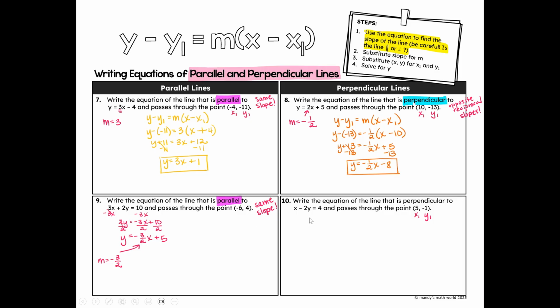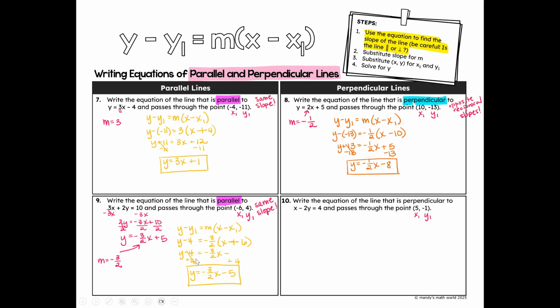I'm going to plug it into my point slope form of a linear equation and solve. Let me walk you through this. y minus y1 equals m times x minus x1. I'm going to plug in 4 for y1, negative 3 over 2 for my slope, negative 6 for x1. So that's x minus negative 6, which is the same thing as x plus 6.